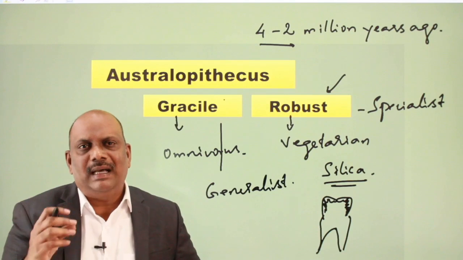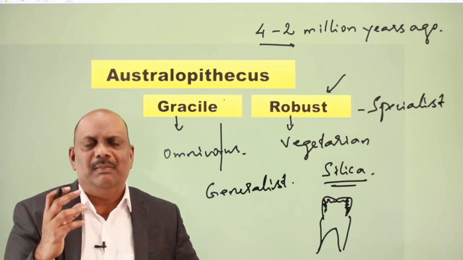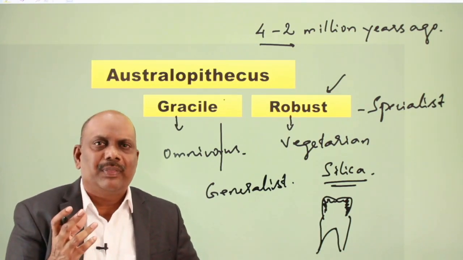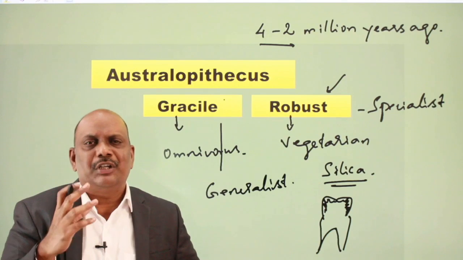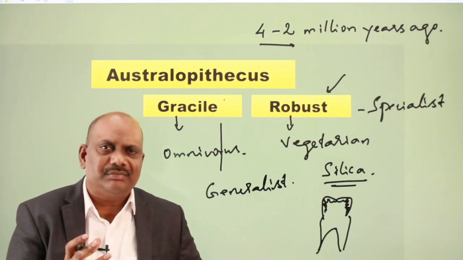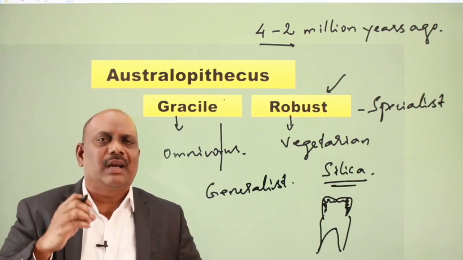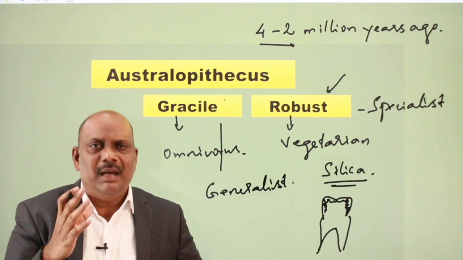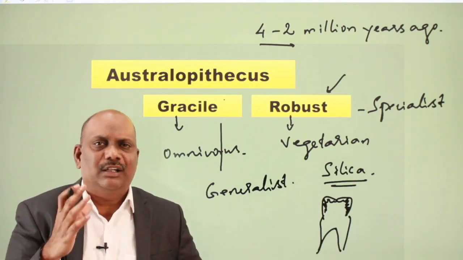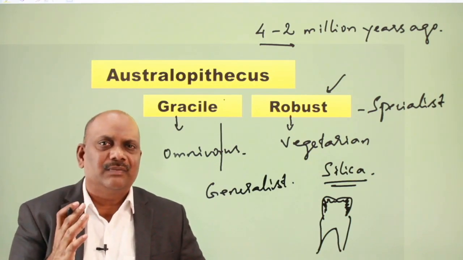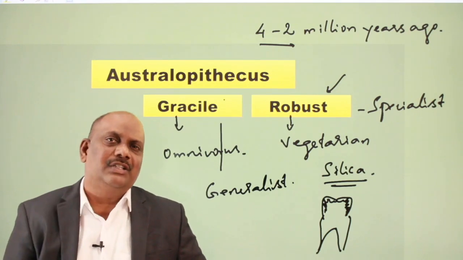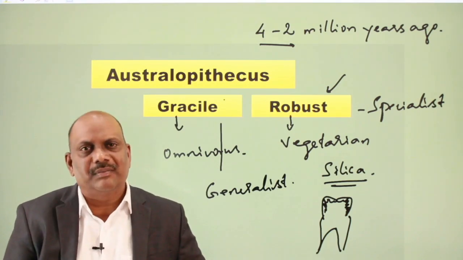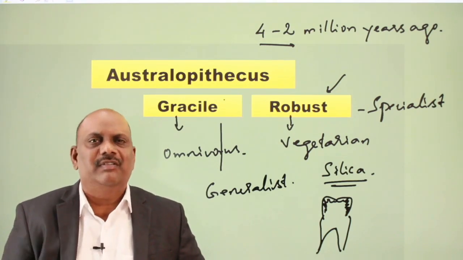At the same time, as a very cold climate started gripping the earth, gracile, because it was short and slender, managed to run very fast. It managed to hide itself in cracks and crevices to protect itself against the very cold weather. But that was not possible for the robust.